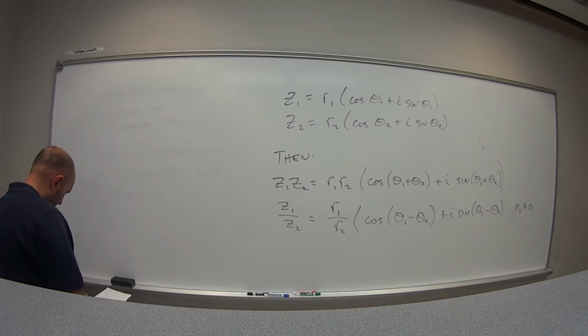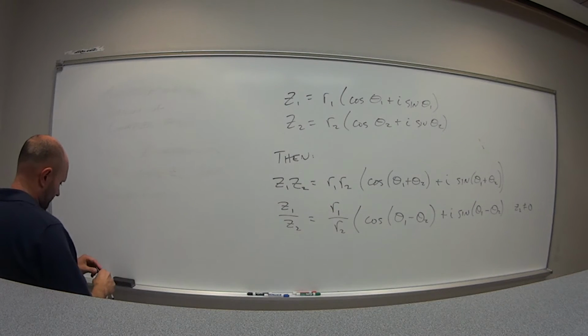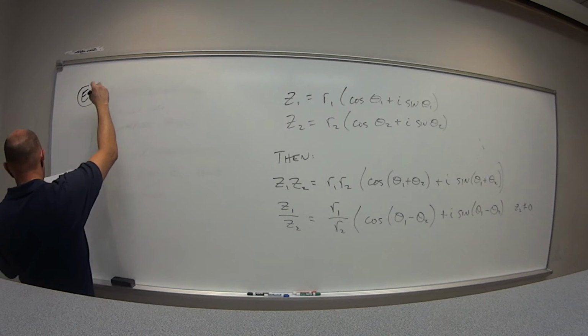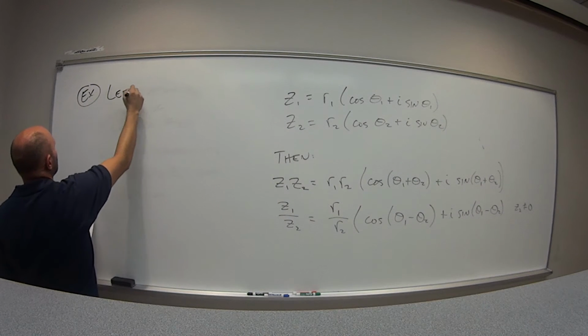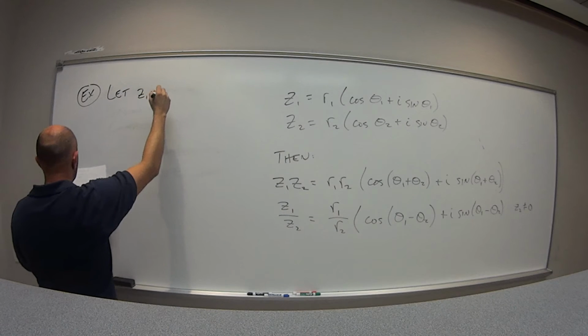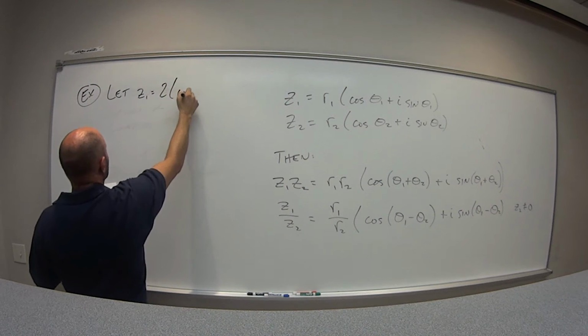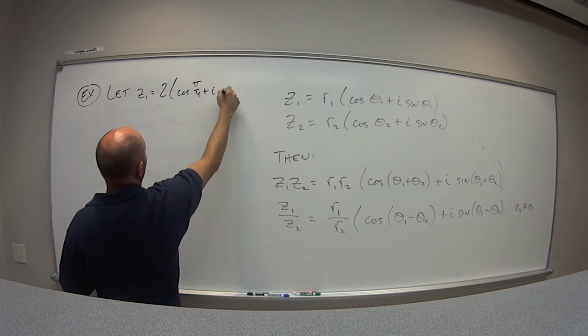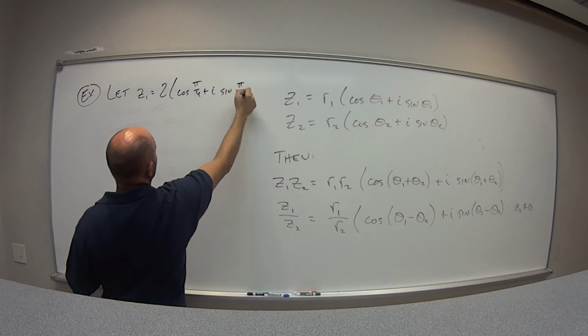So let's say we have the following. Let Z1 equal 2 cosine of pi over 4 plus I sine of pi over 4.